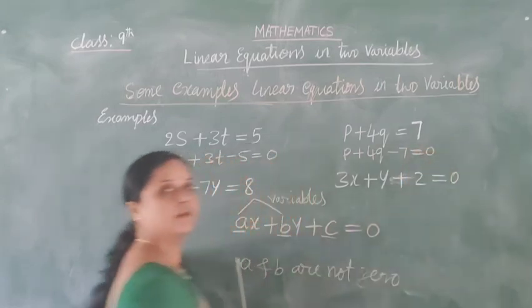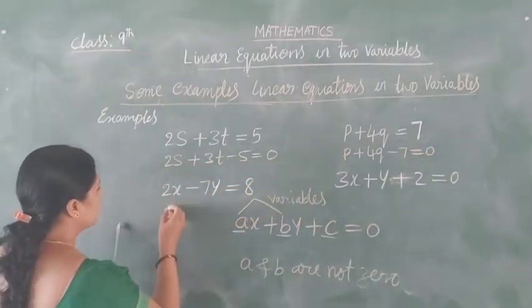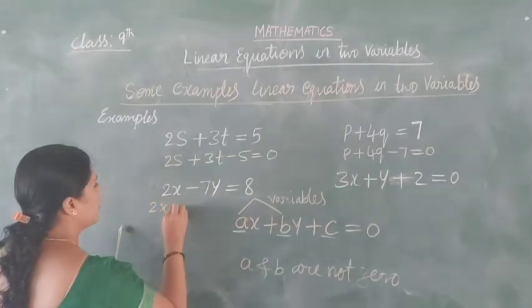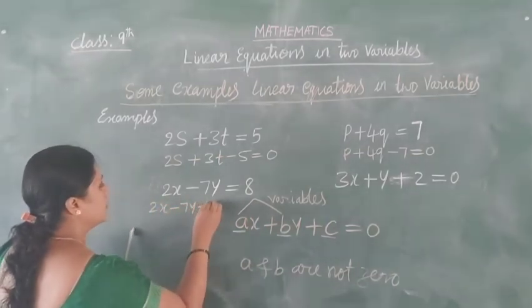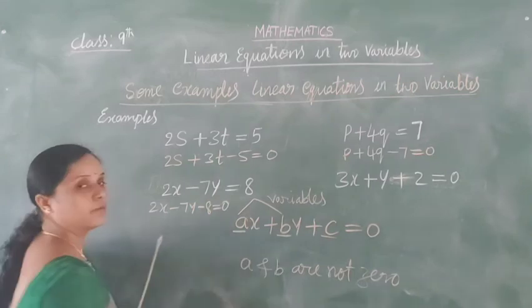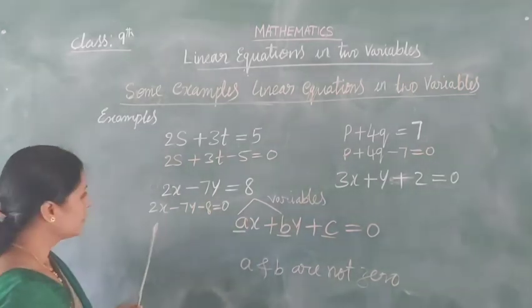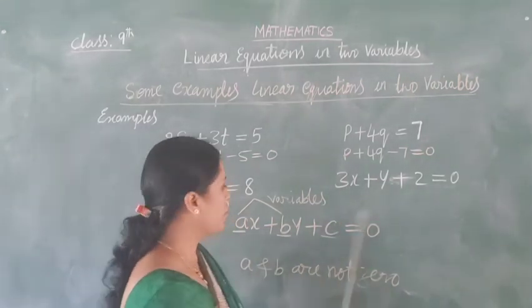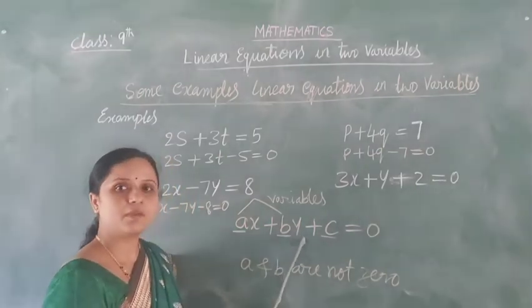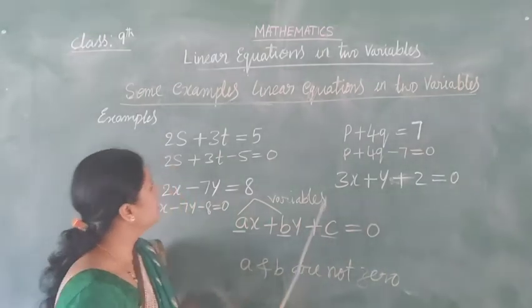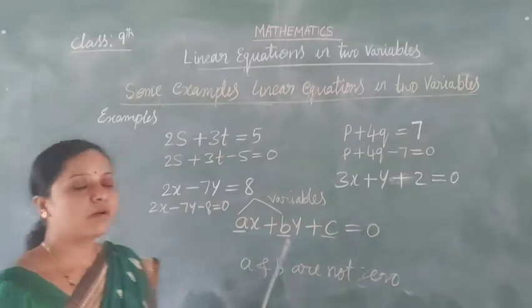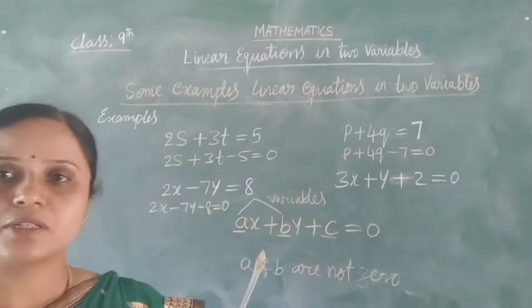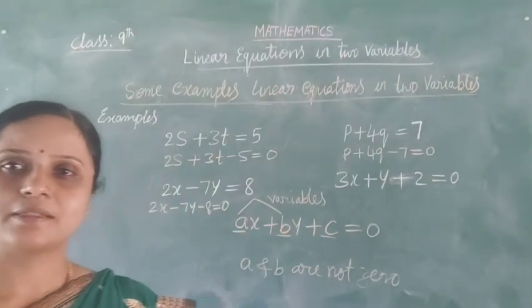And then you see 2x minus 7y minus 8 equal to 0. So the last one is also in the form ax plus by plus c equal to 0. These are all examples of linear equations in two variables.